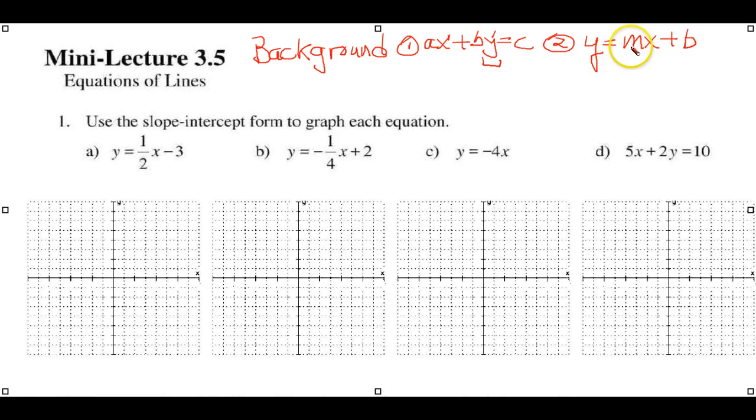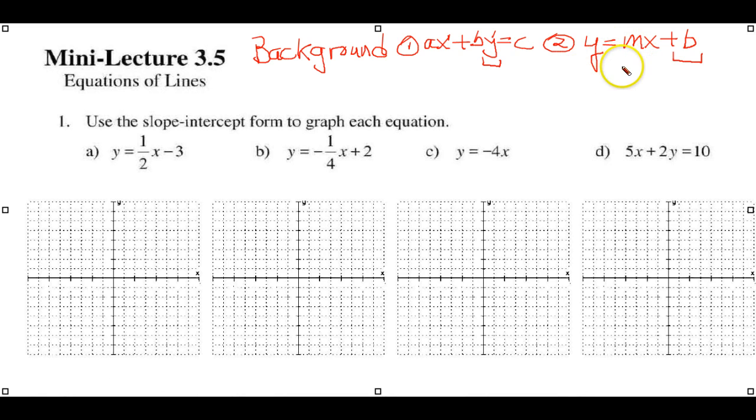And now what I'd like you to do over on the other side is you're going to make 4 graphs, using the technique of finding the y-intercept, which is our b term, plotting the y-intercept, and then from that point you plot the slope.